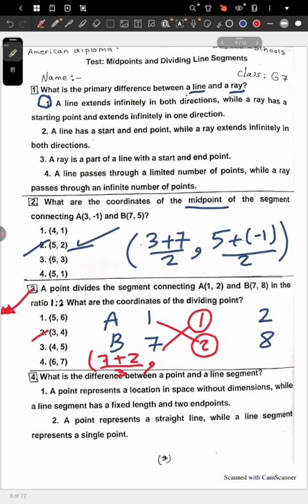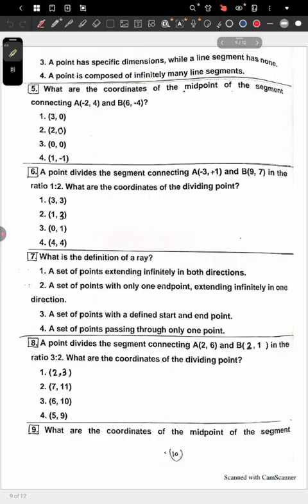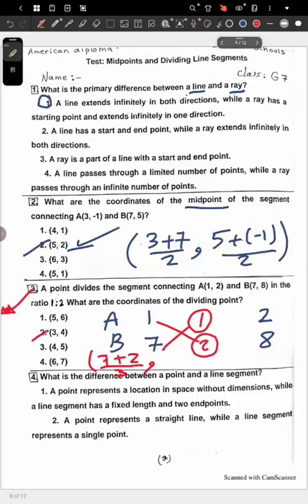A point represents a location in space without dimension, while a straight line has a fixed length and two end points. That is right. Okay.